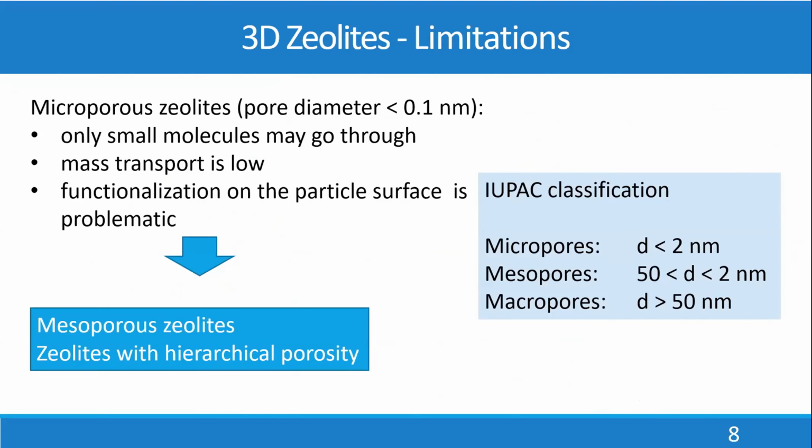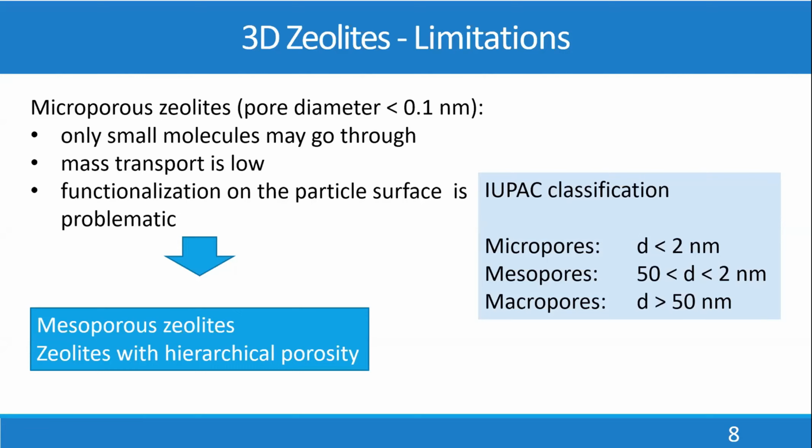Moreover, the mass transport is also low because of pore size limitation. In addition, now it's very popular to functionalize the porous materials, the surface, and there are also some limitations in these zeolites.